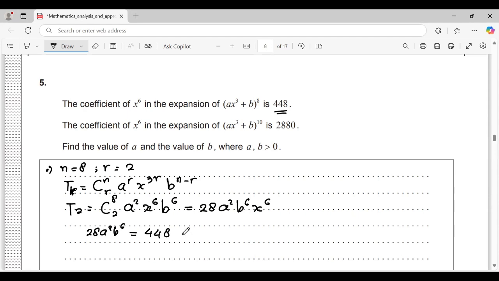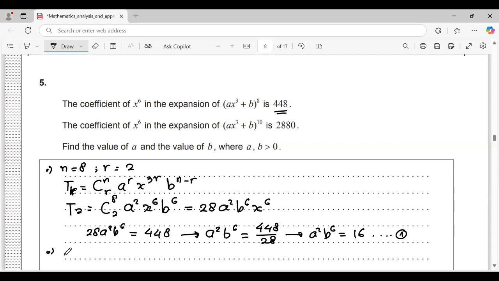And then a squared b power 6 equal 448 divided by 28. So a squared b power 6 equal 16. This is the first equation.